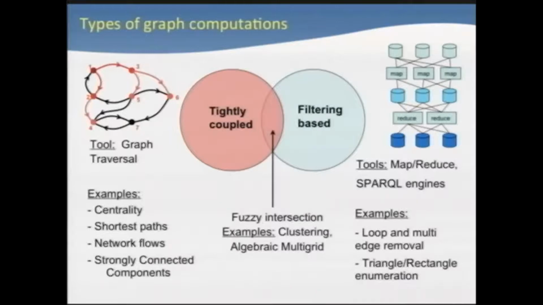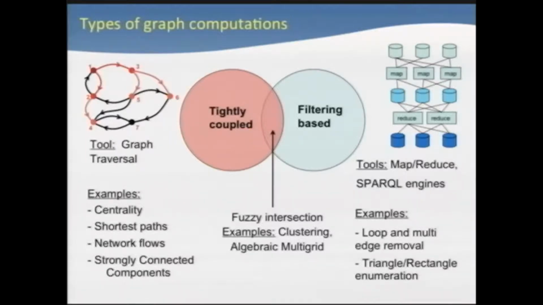One of them I call filtering based, and these are the kind of operations where you enumerate triangles, rectangles, or you do some sort of browsing, scanning, or summarizing of the data, a lot of sampling, the kind of problems that can be solved by these algorithms. And you've seen some examples of those. This is really a good fit for the MapReduce paradigm, or some database or Spark even.